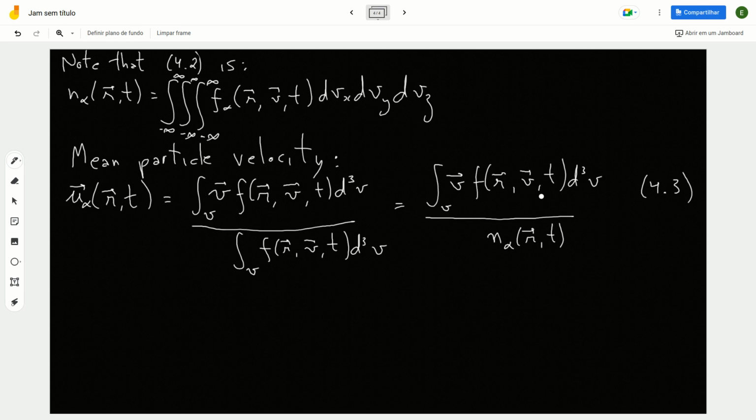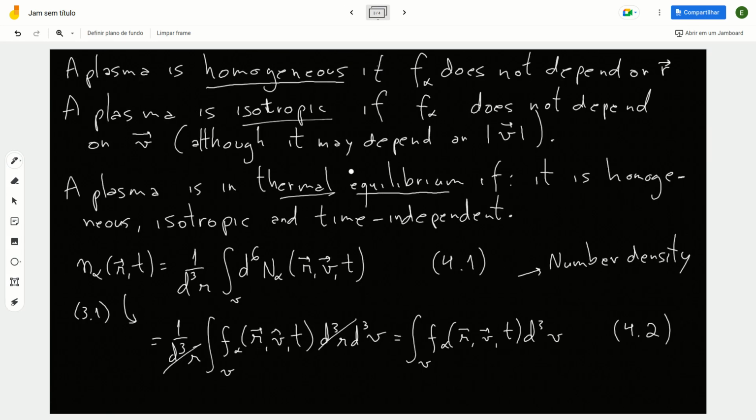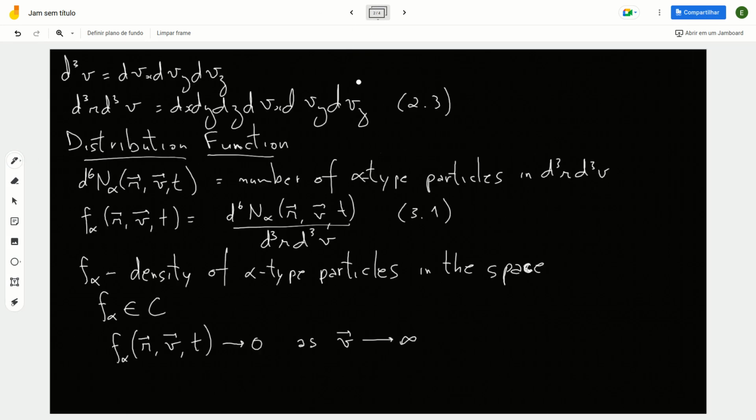Now, it may be useful to use again 3.1. Where is 3.1? 3.1 is here. So what I'm going to do now is to write f as this fraction over here.